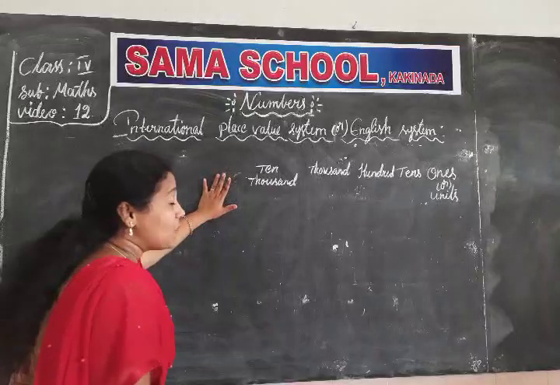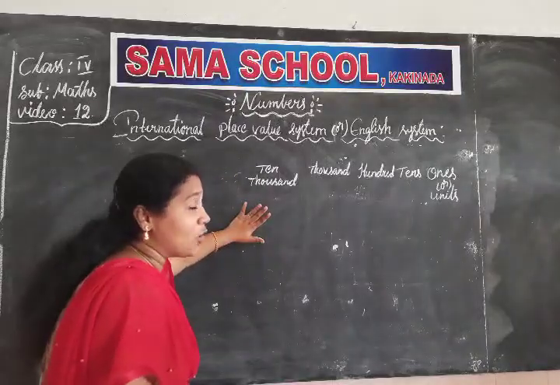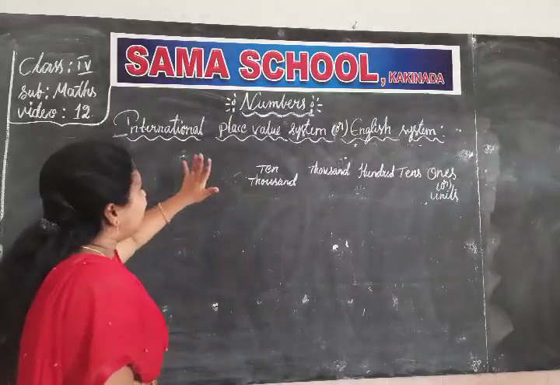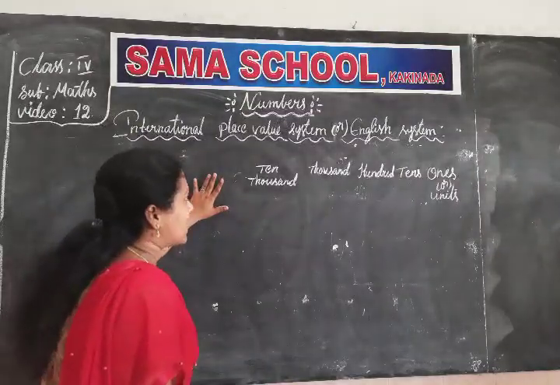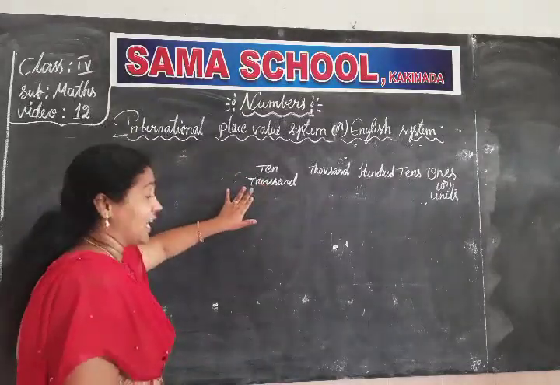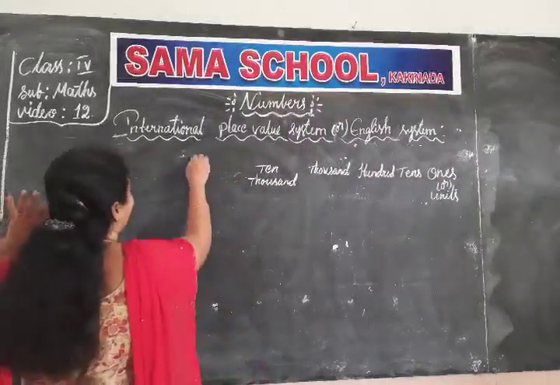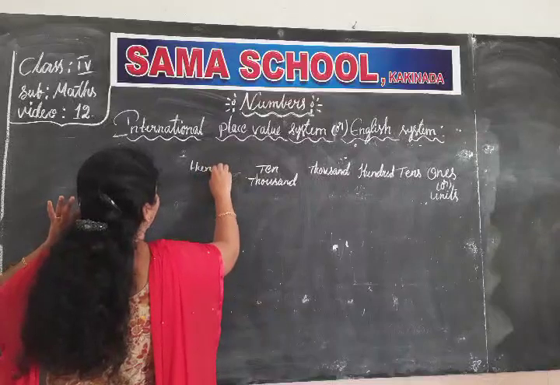In Indian place value system, after 10,000, which place do we get? Lakhs. But in international place value system, after 10,000, we will write 100,000.